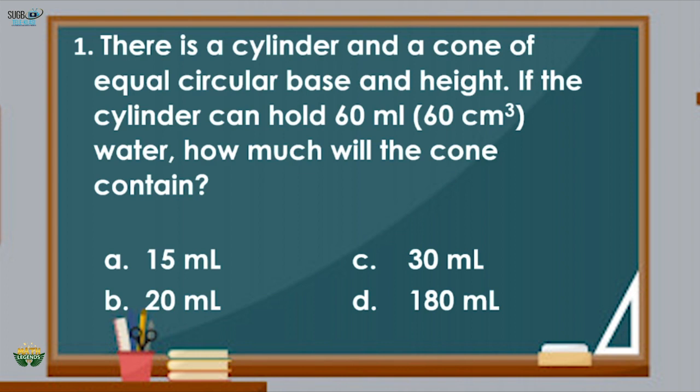If the cylinder can hold 60 milliliters or 60 cubic centimeters of water, how much will the cone contain? Correct. The answer is B.